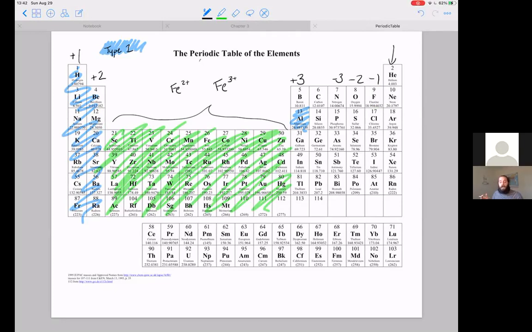Both of those are naturally occurring iron ions. For the purposes of this class, you're not expected to know what the possibilities are. You're going to have to be told that in some way, shape, or form. So you don't have to worry about trying to memorize what these transition metals are. You just have to know that they could be multiple things.